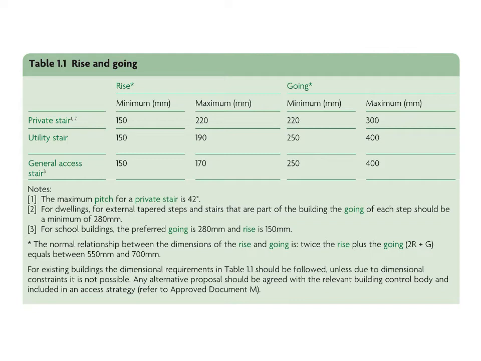You can see in the bottom text block where the asterisk shows what rise and going actually means: the rise, that is the vertical height of each step, times 2, plus the going, which is the horizontal part of the step, 2 rises and 1 going must come to between 550 and 700 millimeters.